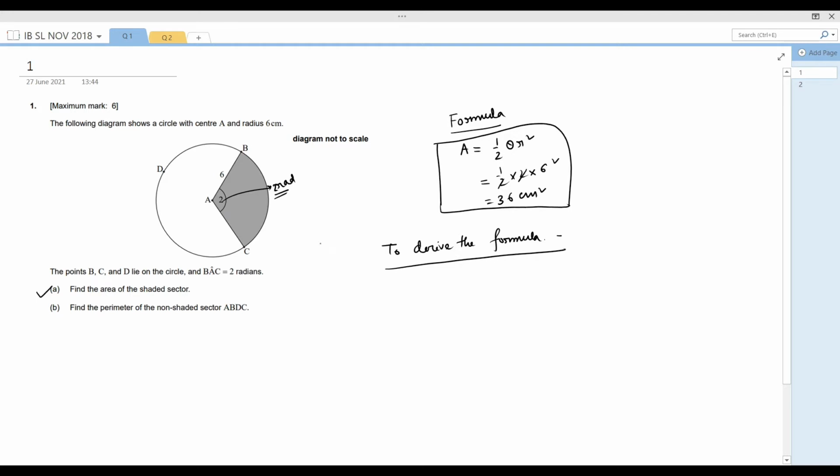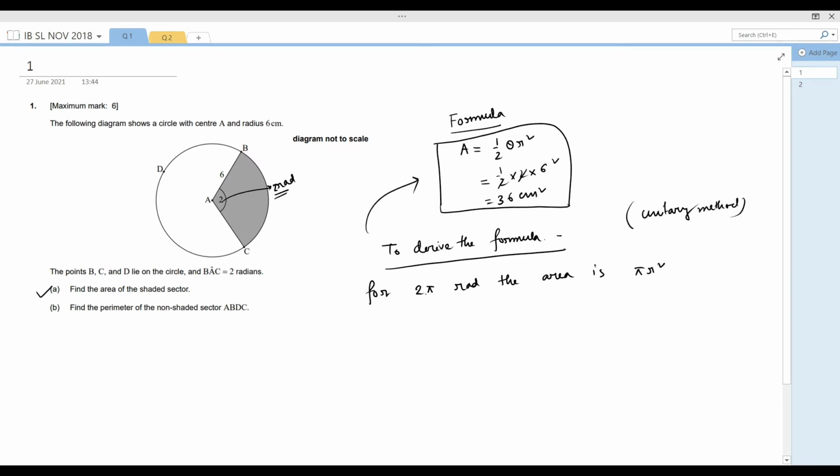We know that the complete angle of a circle is 2 pi, that is 360 degrees. For 2 pi radian, the area is pi r squared. We are using the unitary method to find this particular formula.